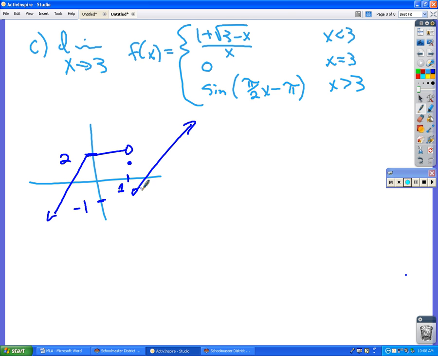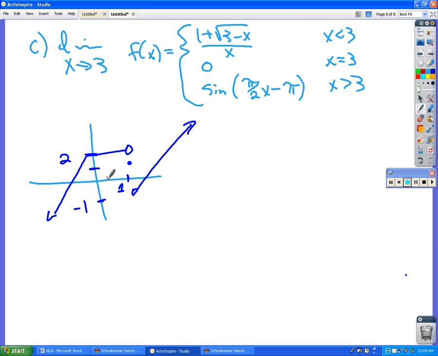Then I'd ask what is the value of the function at 1, and you go to where the dot is, and you say it's 1. But the key is, what is the limit as x approaches 1? It doesn't have one. Why? Because the left one and the right one are different.